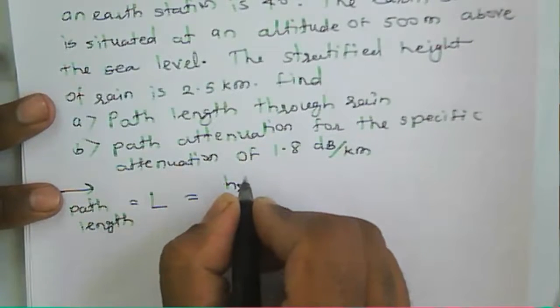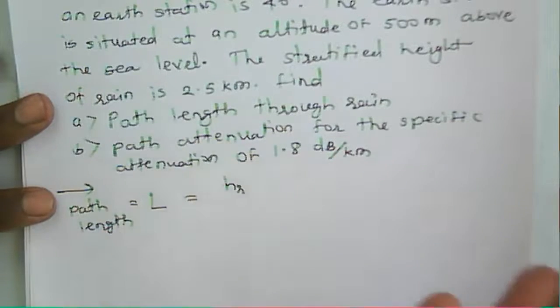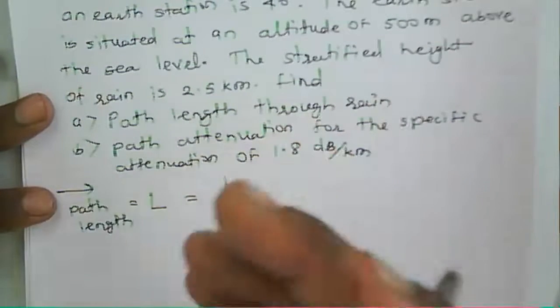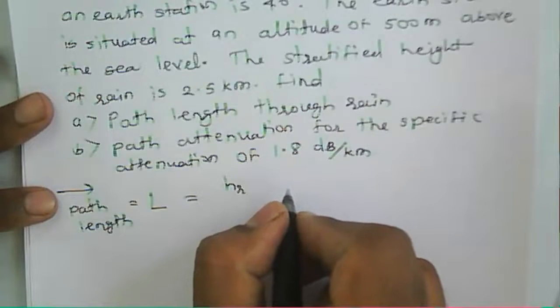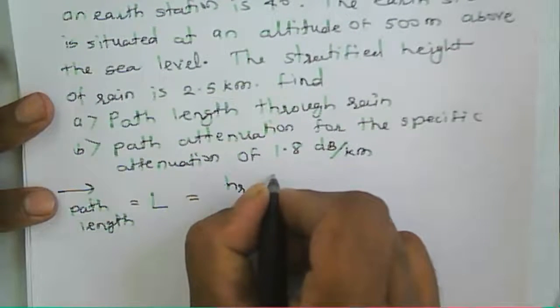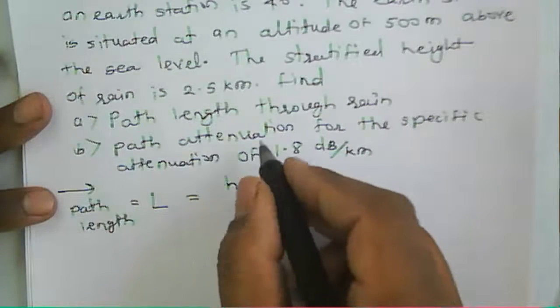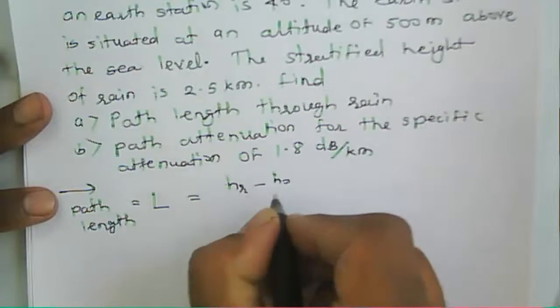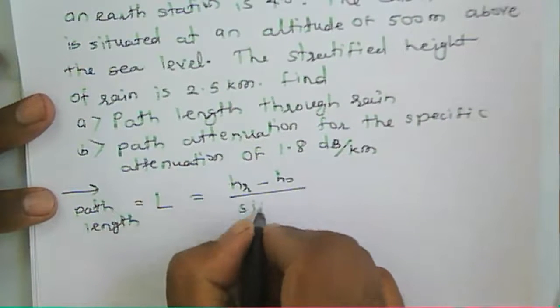The height from the sea level to the freezing point, HR, which is the height of the rain, minus H0, divided by sine of theta.